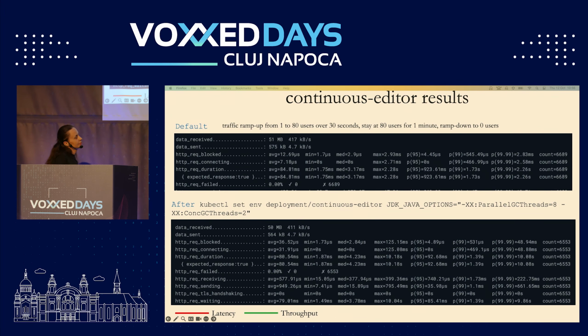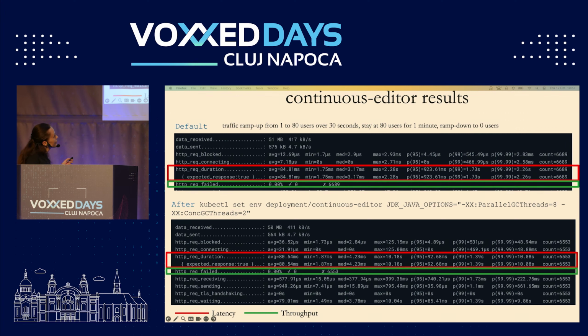Now, in case of the application that's more I/O bound, the improvements are also there. So if I'm looking at the improvements that I've done with the parallel GC threads and conc GC threads, because I knew that this one had CPU available, so I could say, okay, I can use the -XX:ConcGCThreads.